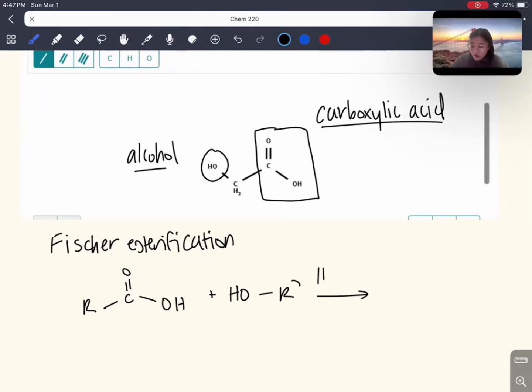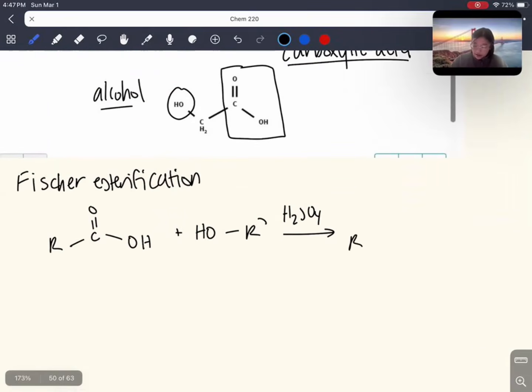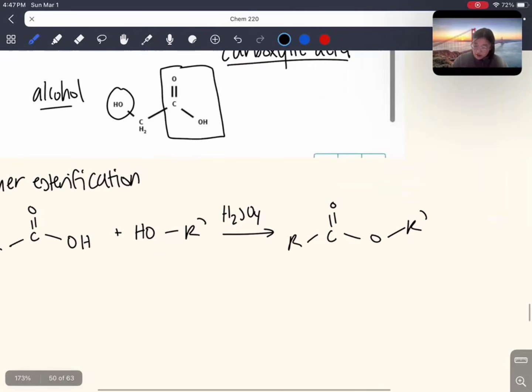So we can use H2SO4, and then your products would be an ester, and also a water molecule.